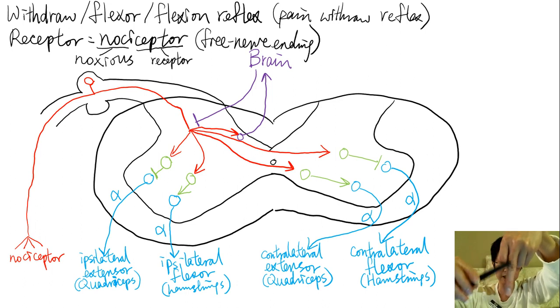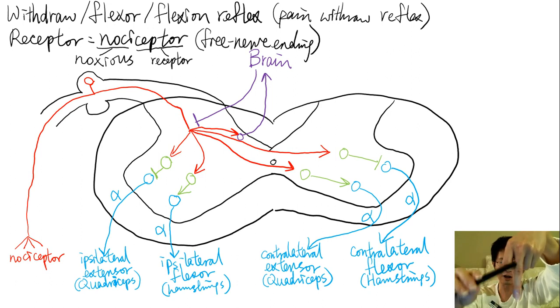Why? Well, think about this. Isn't that the most obvious one? You are stepping on a nail. Of course, you want to withdraw the injured leg. When you withdraw the injured leg, you want to straighten your uninjured leg so that you can stand on one leg.